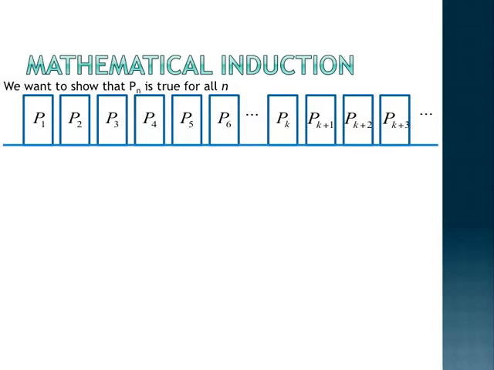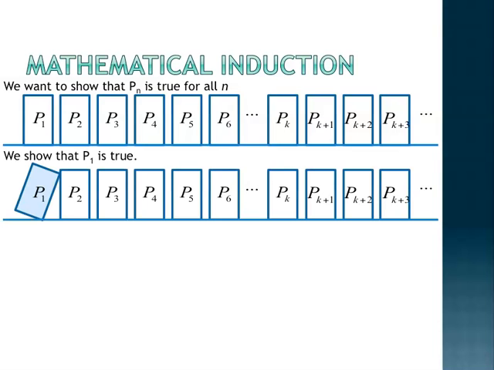So what we need to do is we need to show that the first statement is true. So think of this as a row of dominoes that I have here. We have to show that the first statement is true. Well, that's great and all, and we can find that the second statement is true, the third statement is true, but we'd have to continue on and on.